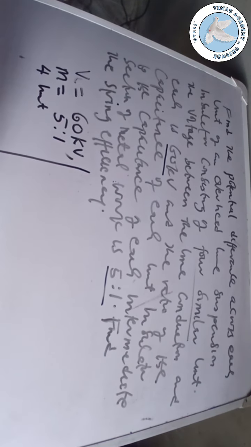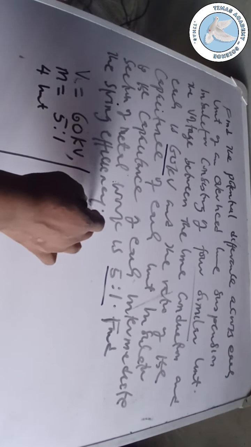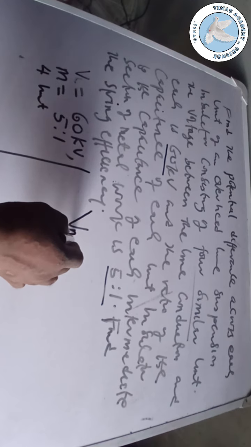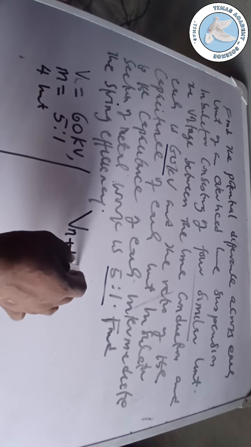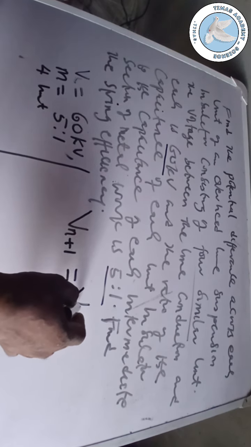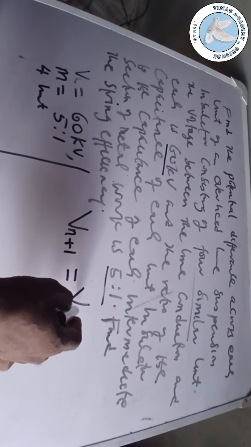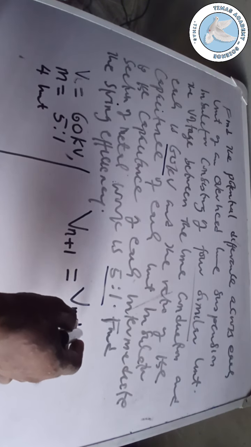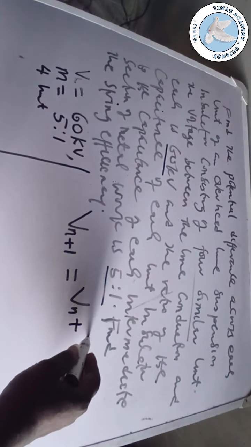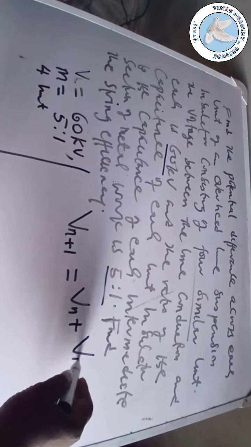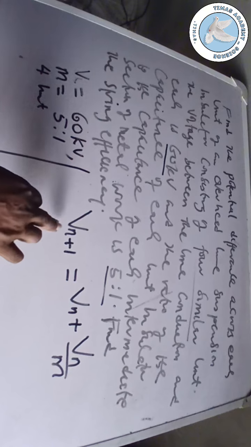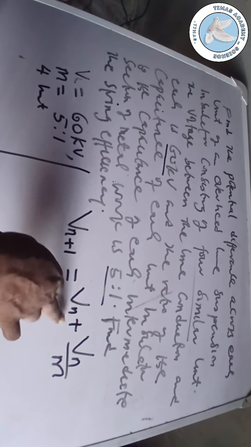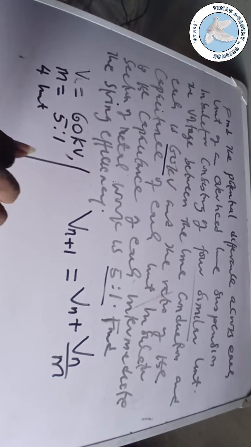So at this point, we want to look at the voltage across each unit, starting with 1, 2, 3 till the end. In this example, we are looking at the unit of 4.